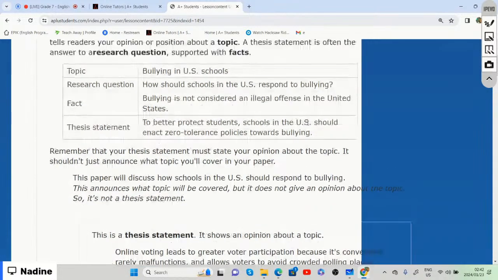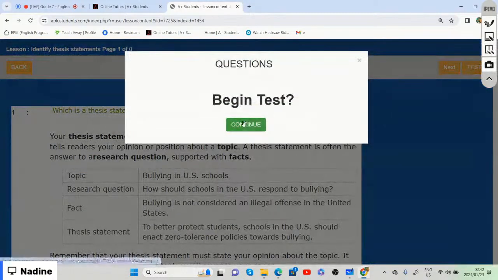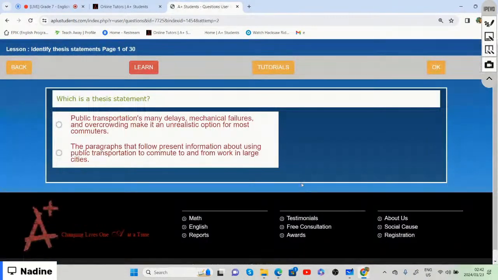All right, now let's go to our test where we will be able to identify a thesis statement. So, which is a thesis statement?